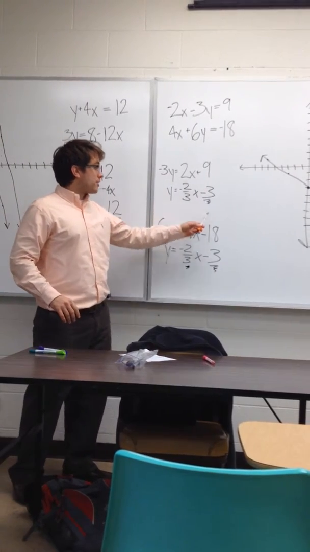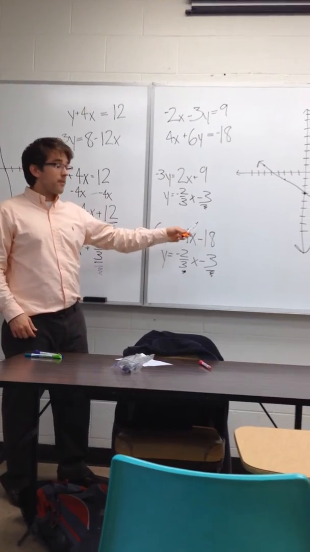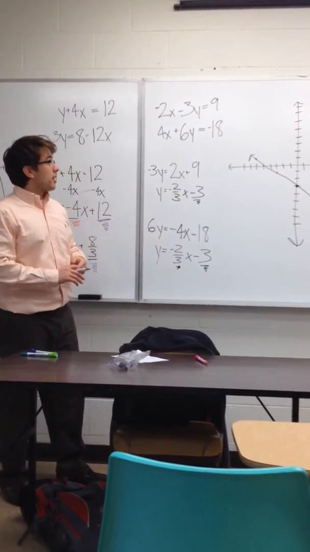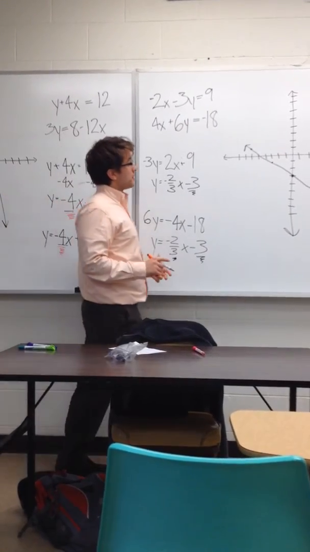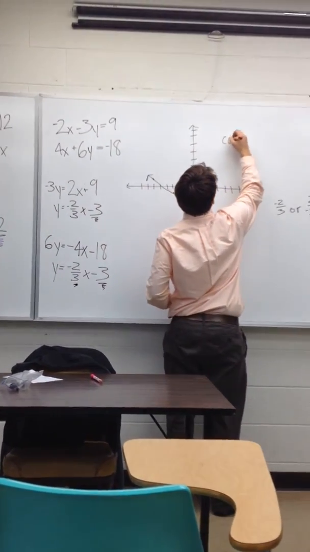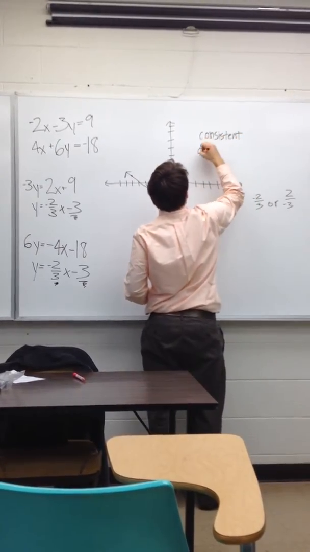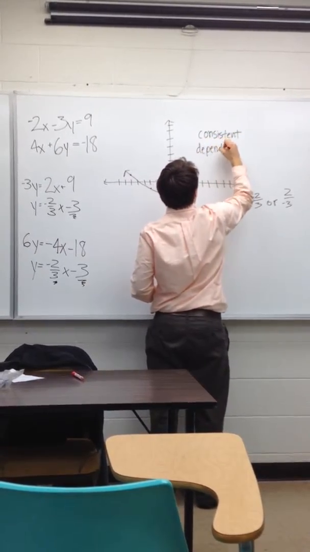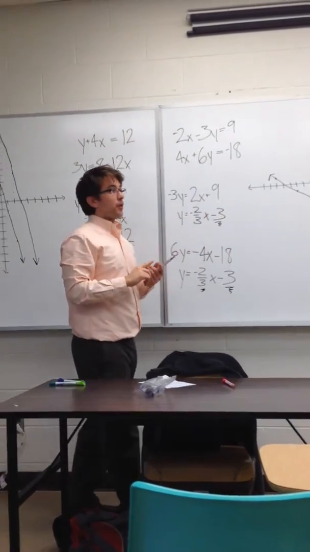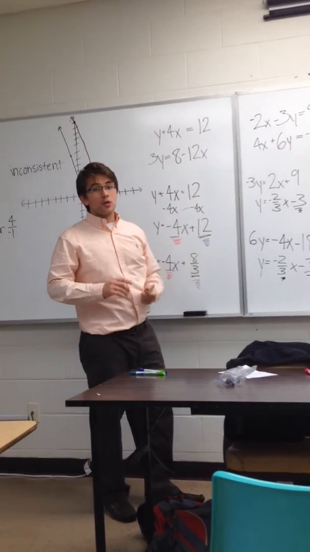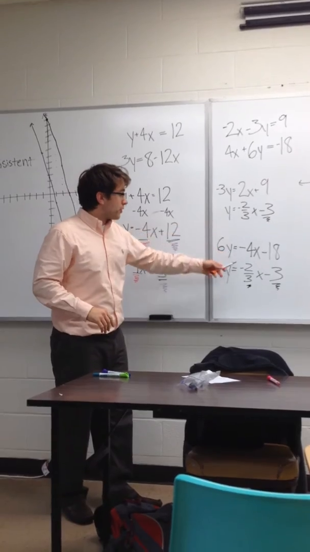So since their y-intercept is the same and their slope is the same, this system is going to be consistent and dependent. And this is all due to the fact that both equations in the system create the same exact line, like we just proved here.